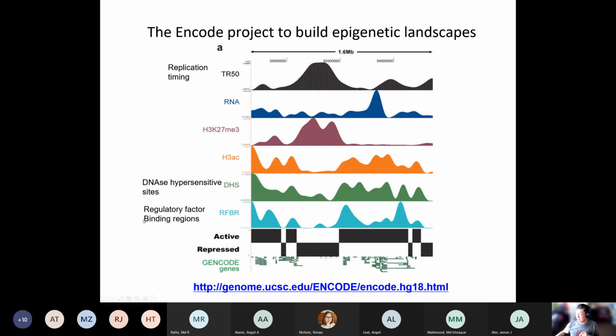Maybe I should explain the light blue or light green part, CTCF, also. So the CTCF is just a transcription factor. You can tell the same region here has the lowest transcription factor binding.